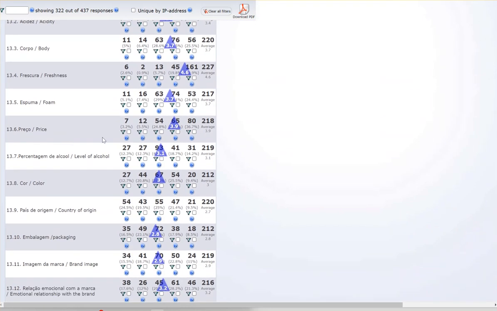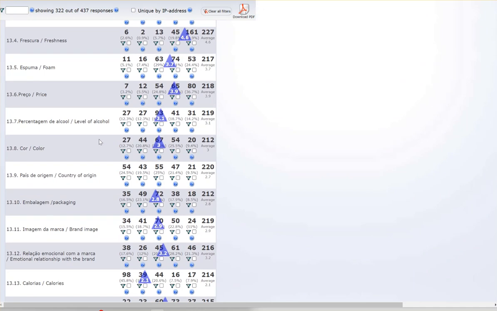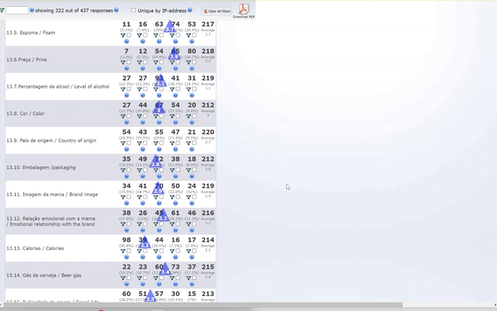We could work here with a big number of items, but I'm going to make it simple and say, we've been looking around the market, and we found that there are no brands with a calorie orientation or low calorie orientation.